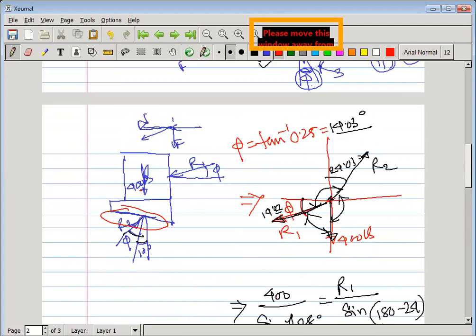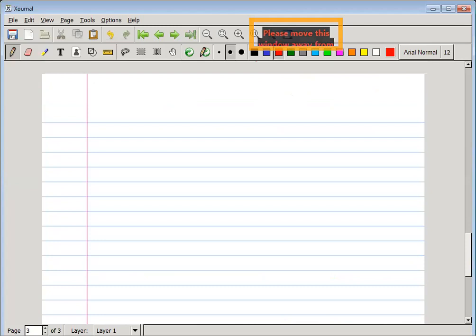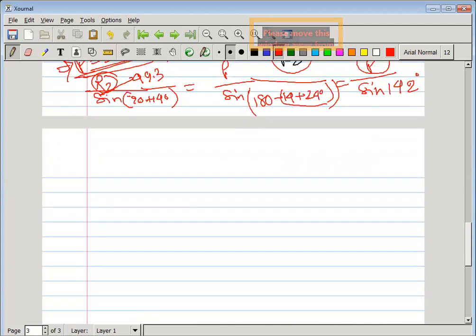Okay. Now comes another type of problem. This is also of a similar nature, but a little bit tricky. Okay, let's start that problem.